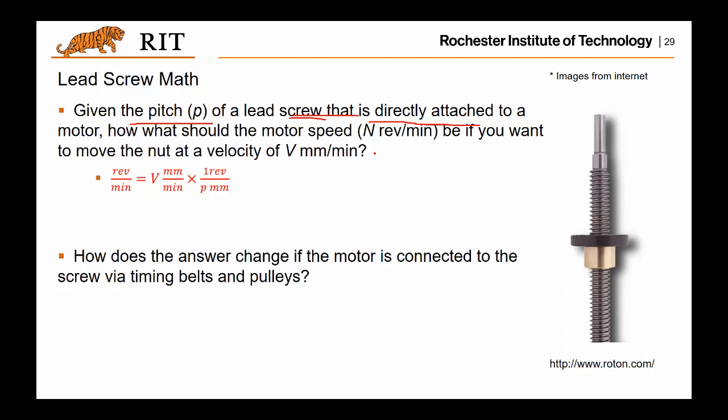And now you don't want to know the turns, but you want to know the speed, that is the revolutions per minute. Also, there's a desired speed for the linear motion, V millimeters per minute. You want to come up with the motor speed in revolutions per minute.